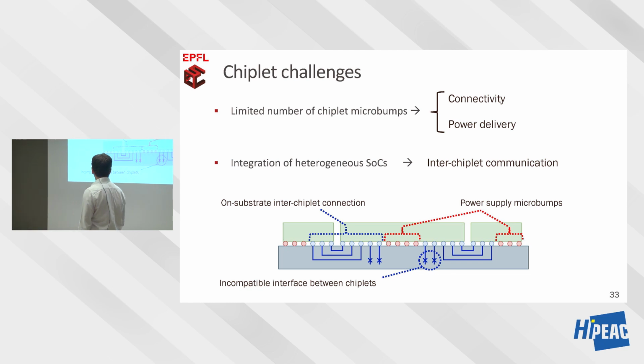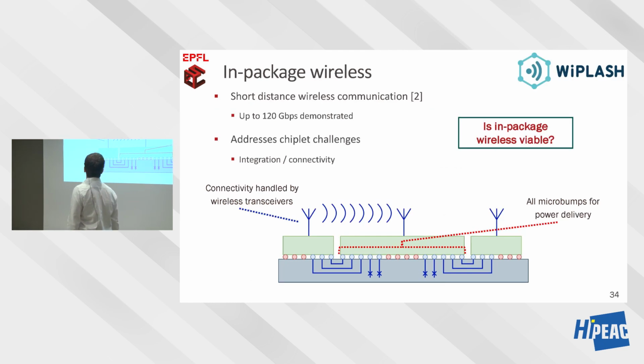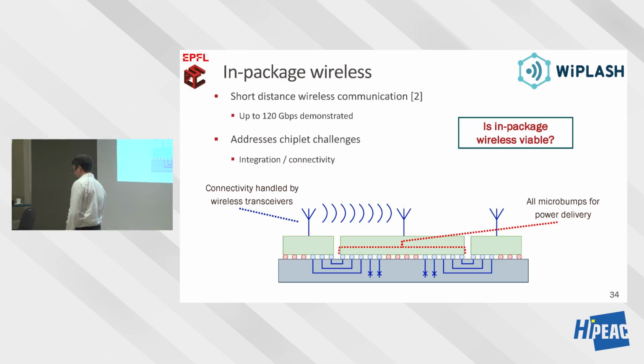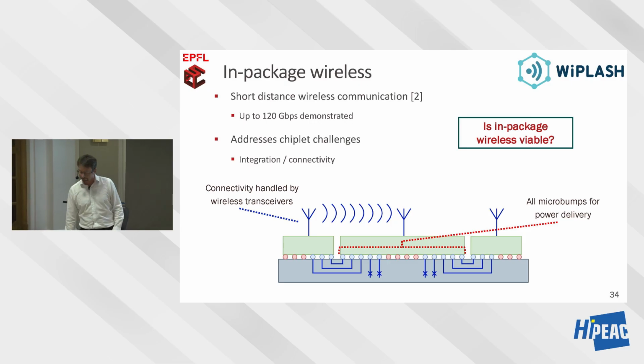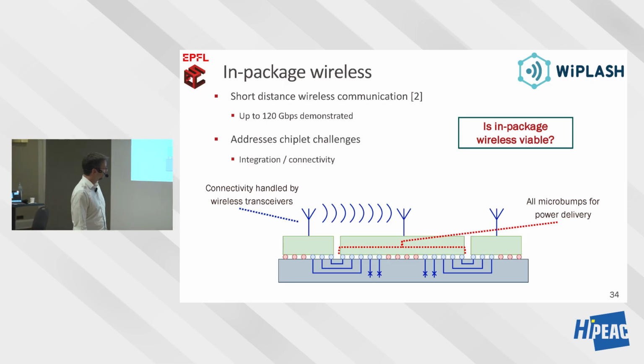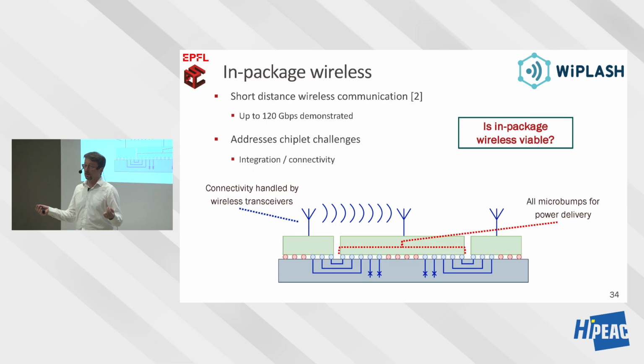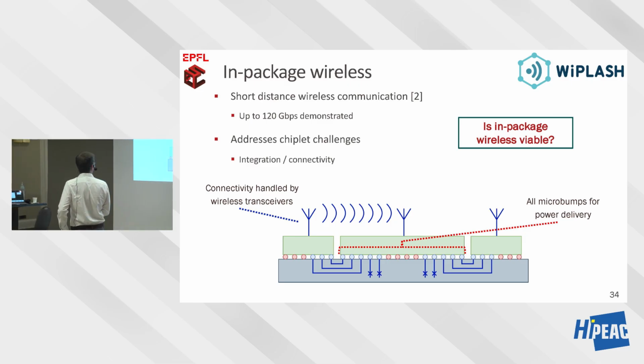So there's high competition for this. Can we do something about that? Can we have wireless communication at this level? Does it make sense? Because if we can have wireless links, then all the microbumps can be used just for control signals or for the power supply. So our question is: is in-package wireless viable?